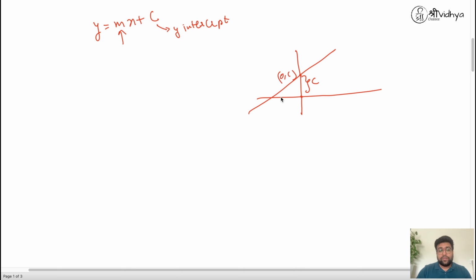If I say a line is passing through (0, 5), then the value of c would be 5 units. And if I say the slope of the line is, let's say, 3, then the equation of the line will become y = 3x + 5. And then we can find all the other points on the line based on the x and the y coordinates.